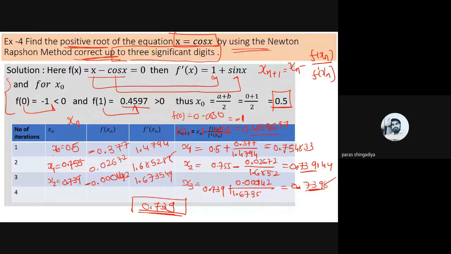Here we just replace these values directly in the formula: x0, the f of x0 value, the f dash of x0 value, in the formula of x1. Then the value of x1, the f of x1 value and the f dash of x1 value give the formula of x2, which is x1 minus f of x1 upon f dash of x1. So we just replace values directly and get the answer.